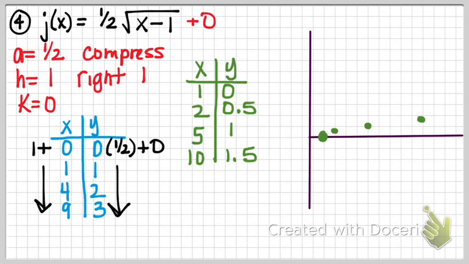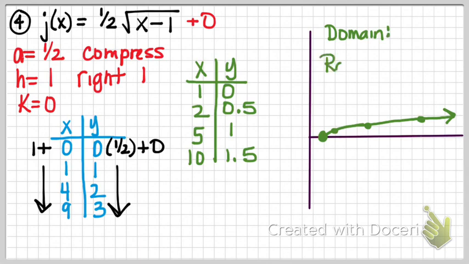So it's gradually increasing, because of that 1/2. The 1/2 is stopping it from going up rapidly. So let's talk about domain and range, because this one is the tricky one.